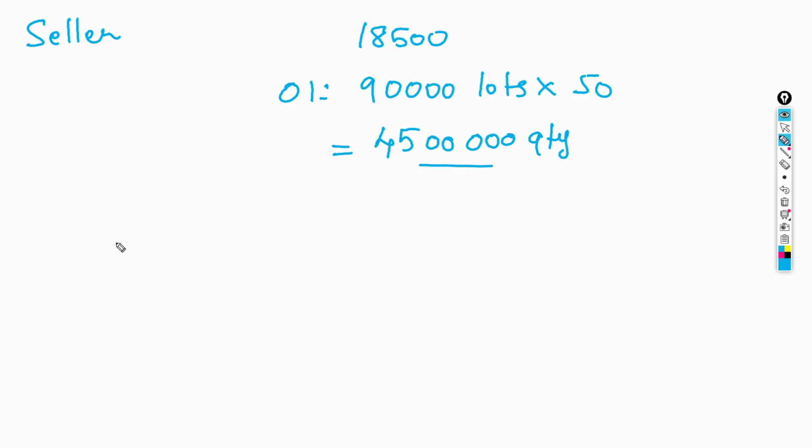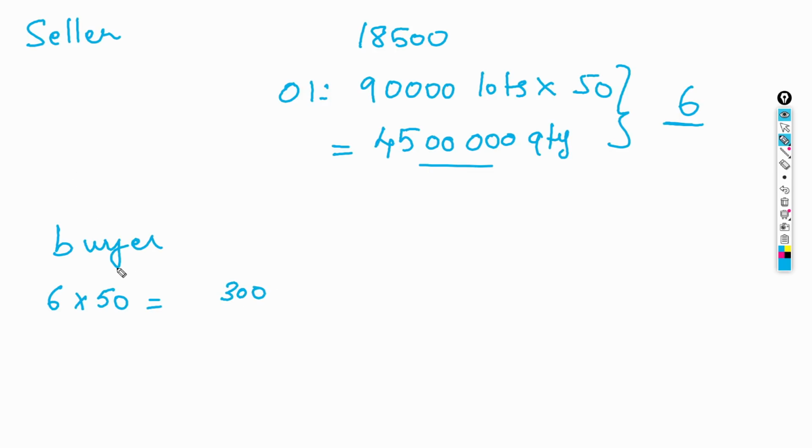Now let us understand this particular thing. Let's say each of these options is trading at 6 rupees. We already saw that. For a buyer to enter one lot of this contract, how much does he require? 6 rupees into 50. He just requires 300 rupees.